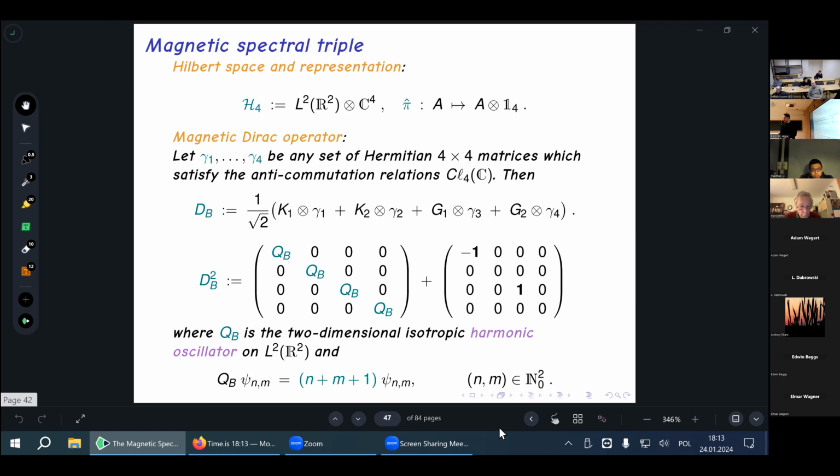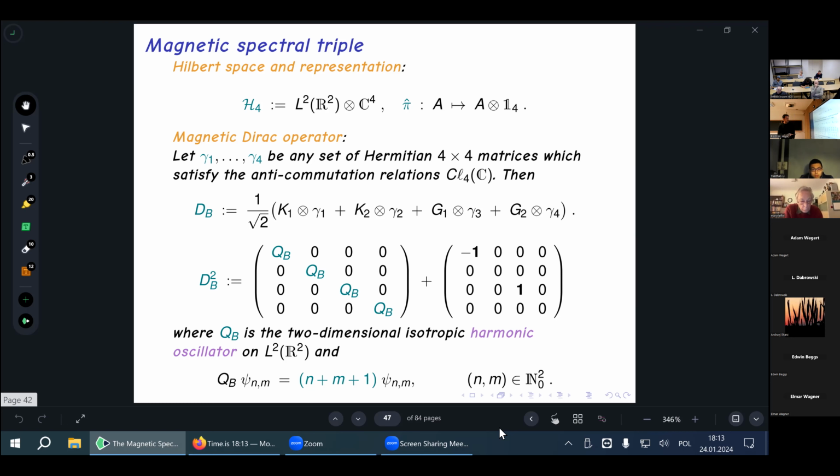And what is QB? QB is your harmonic oscillator in dimension 2. I will not write it explicitly, but now it is again diagonalized on the Laguerre basis, which diagonalizes the Landau Hamiltonian, and the degeneracy of the energy level is not infinite, it's finite now. These have finite degeneracy.